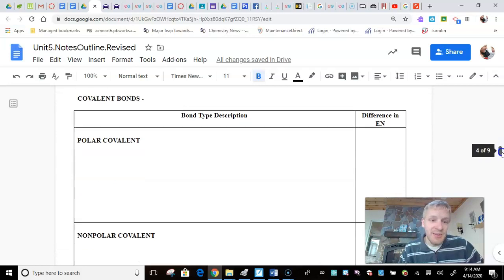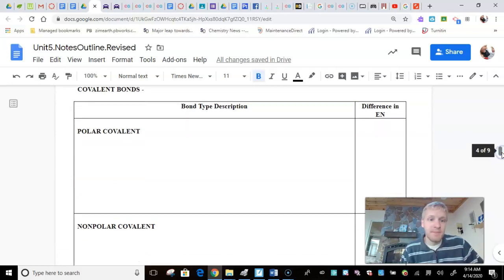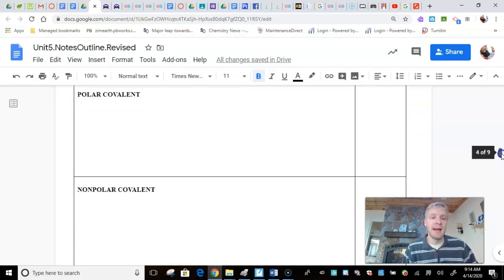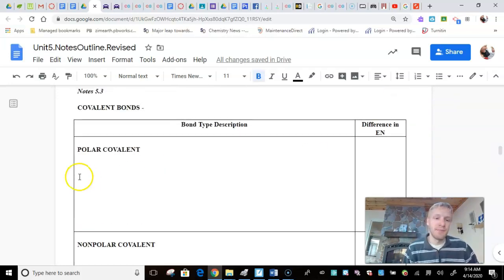Moving on, let's do covalent bonds. There's two types. There's polar covalent and there's nonpolar covalent. So essentially, for both covalent, whether it's polar or nonpolar, it's the sharing of electrons because the electronegativity difference isn't as great. It's basically 0 to 1.6, less than 1.6 is the electronegativity difference for covalent in general compounds.